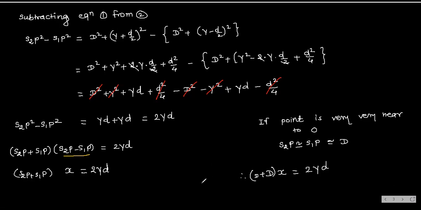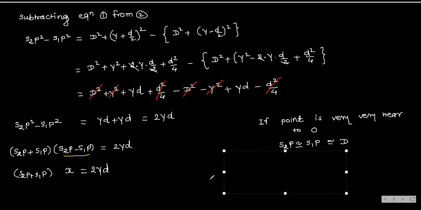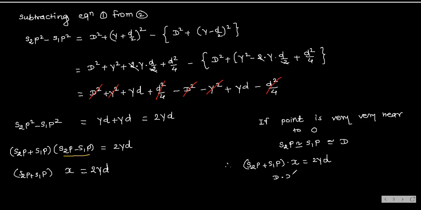Shall I write again? One step I will add so that you'll understand. You can see here now S2P and S1P are nearly equal to D. So therefore I am writing this step: S2P plus S1P into X is equal to 2YD, and this is D, so this is D into this plus, again I am writing this also D, bracket close, is equal to 2YD.